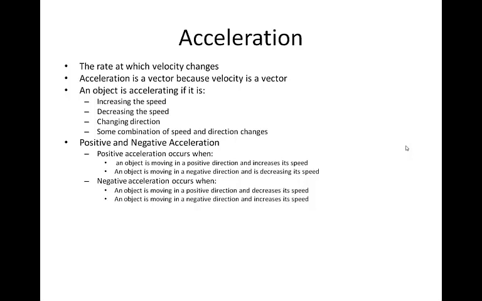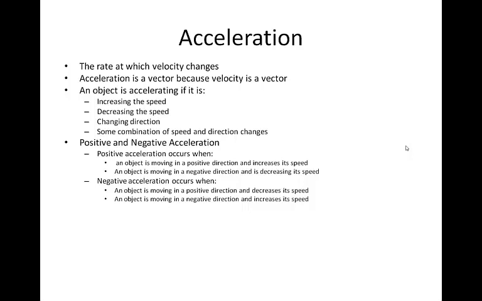So the way to think about this is that the cases where you've got deceleration is the case where an object is moving in a negative direction and decreasing its speed. So in other words, it's going from a high negative speed to a lower negative speed.